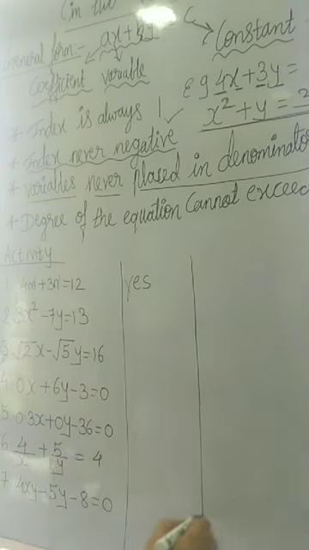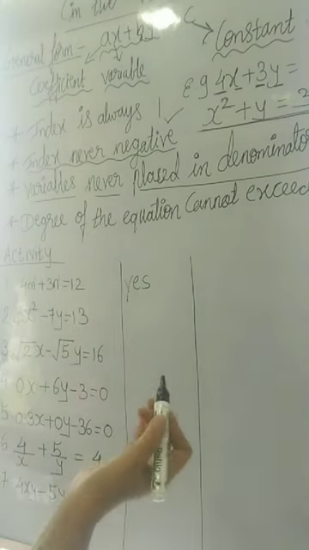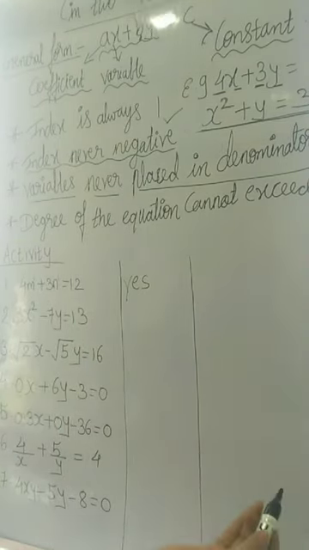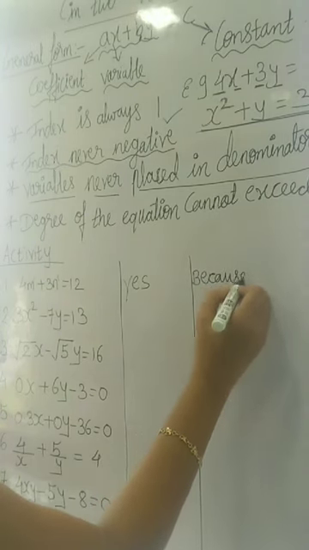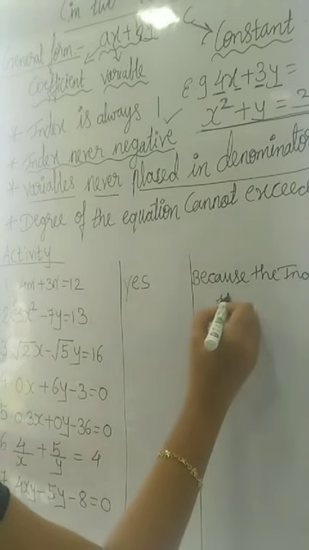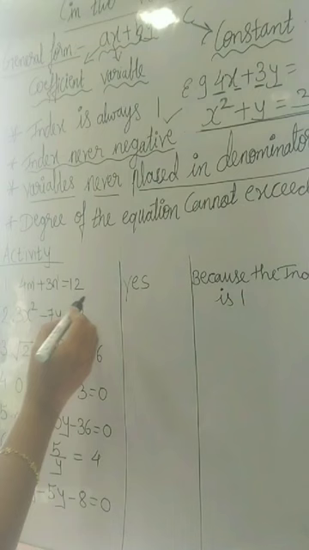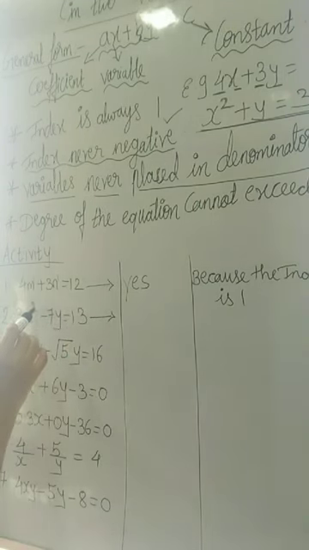And if I have to mention the reason, what can I say? If it is a linear equation, why is it a linear equation? Because the index is 1. Next one, see here, 3x square minus 7y is equal to 13.